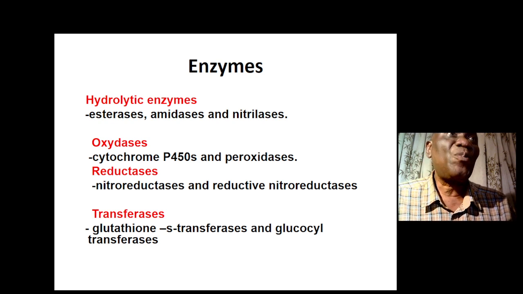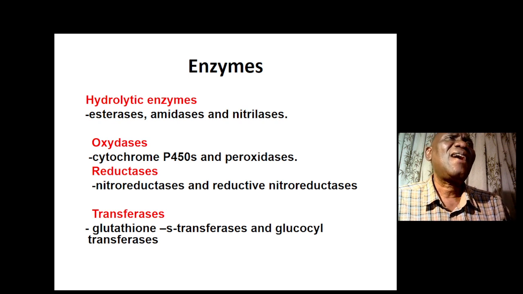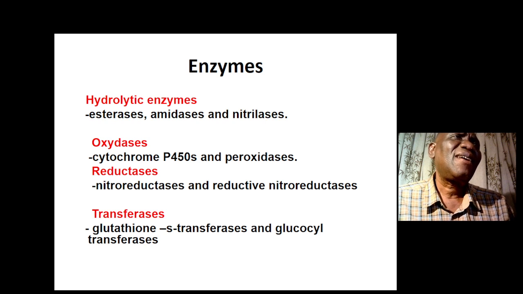So the first group of interesting enzymes which are involved in breaking pesticides are known as hydrolytic enzymes. It means they break down these pesticides. If you have esters, you can have what are known as esterases. But these are hydrolytic enzymes which are focused on pesticides carrying ester groups.